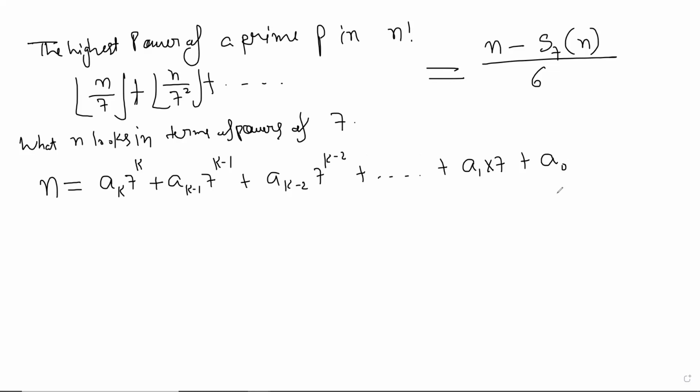Now, can anybody relate this to the left-hand side somehow? Some of you have already done it. This is exactly what n is, and S7 of n is the sum of the digits, or the sum of the coefficients.